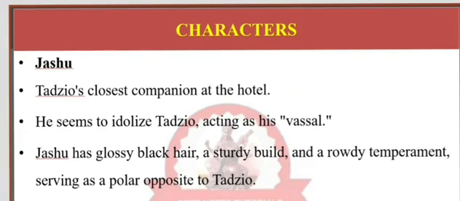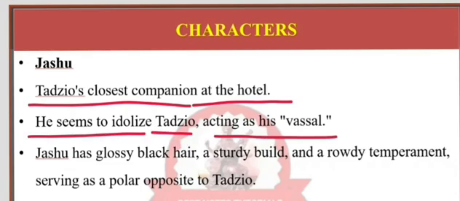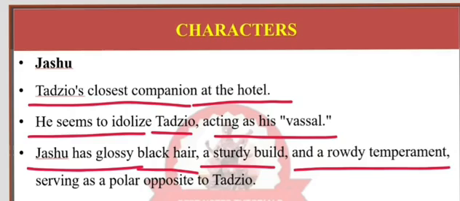The last character we have is Jashu, and Jashu is Tadzio's close companion at the hotel. He seems to idolize Tadzio, acting as his vassal. Jashu has glossy black hair, a sturdy build, and a rowdy temperament, serving as a polar opposite to Tadzio. We told you that Tadzio is a very innocent boy who is very calm and composed.